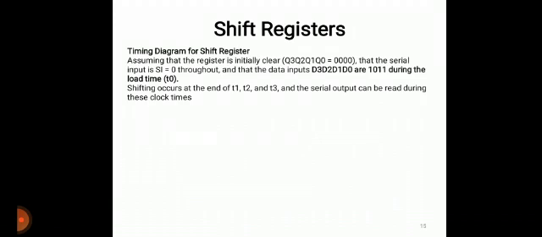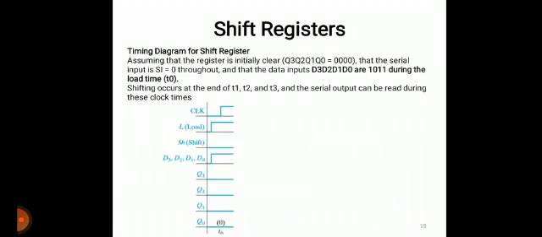We'll assume that the register is initially cleared, that is Q3, Q2, Q1 and Q0 are equal to 0, and the serial input is Si. If I give load equal to 1, then the data will be loaded there. After load is equal to 1, I'll give shift equal to 1.